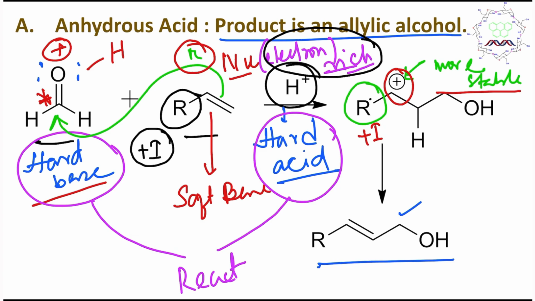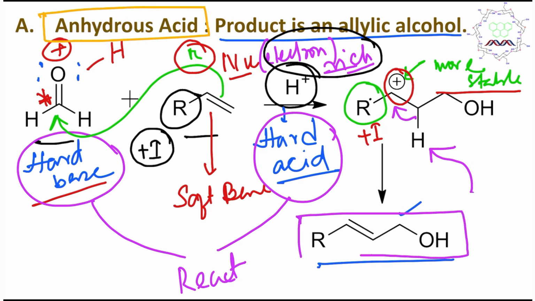Now just try to recall the condition. Anhydrous acid means no water or acetic acid like protic solvents are there. So in this case what happens? The neighboring carbon hydrogen, meaning this proton, could be abstracted, it will go back and ultimately it will produce this allylic alcohol.